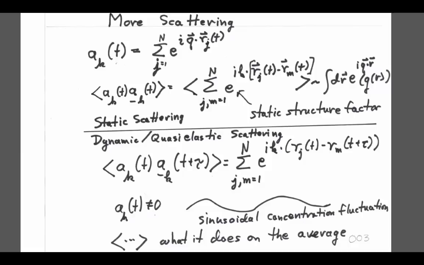If you run that through the ensemble average as indicated, do the calculation right, you discover that what you are getting out is, with wave vector q, the spatial Fourier transform of the radial distribution function. And indeed, static scattering is how you measure radial distribution functions.